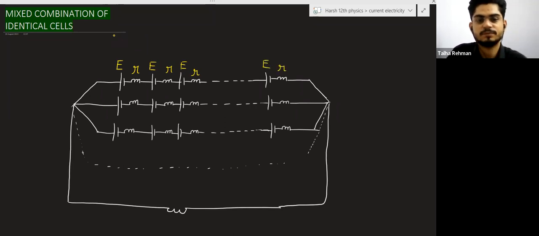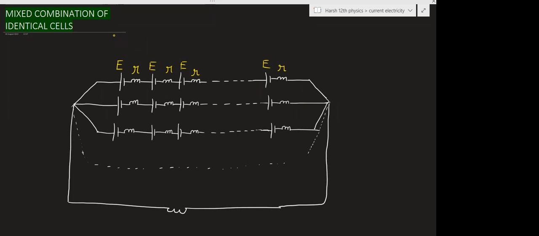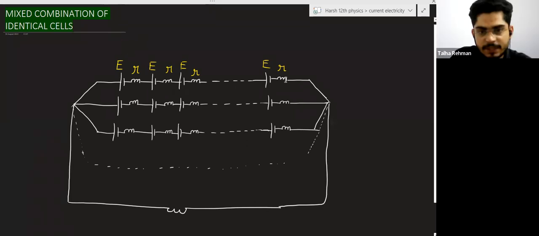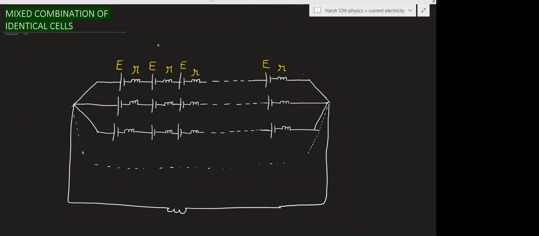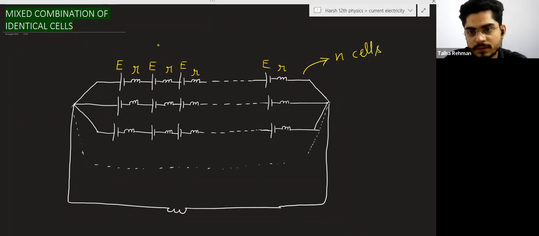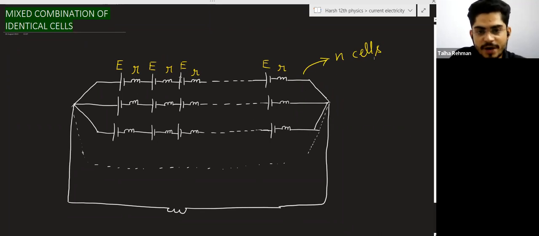This cell also, this cell also, this cell also. All cells are identical. And one more thing: in this row, n cells are connected in series.